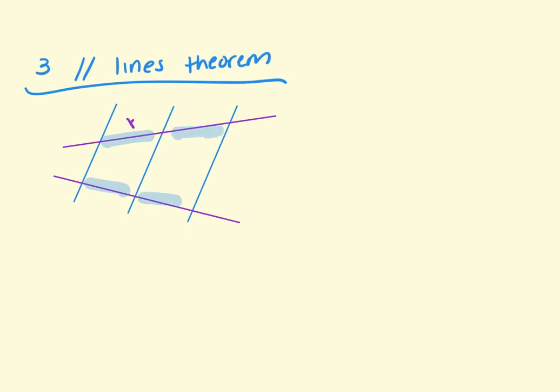So if this is my x, y, a, b this time, then x over a would equal y over b, or x over y would equal a over b.